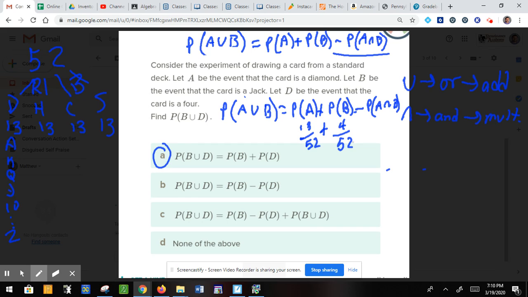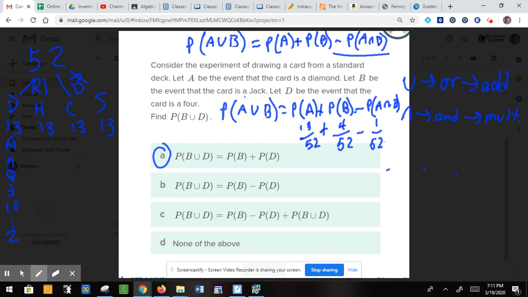The reason why you're going to subtract out the intersection or the overlap is because the jack of diamonds is included in all the diamonds, and the jack of diamonds is included in all the jacks. So it's counted in both, but it's not 2 different cards. It's 1 card, so you're going to subtract it out. So there's only 1 of them, so it's minus 1 out of 52.